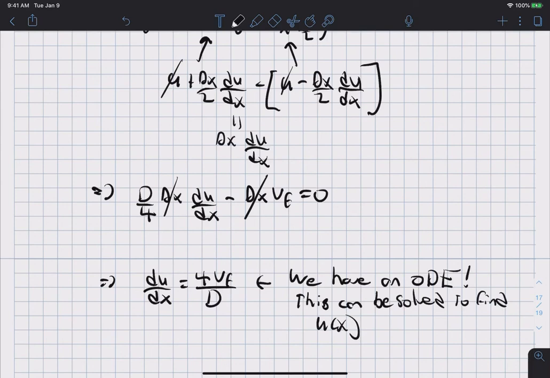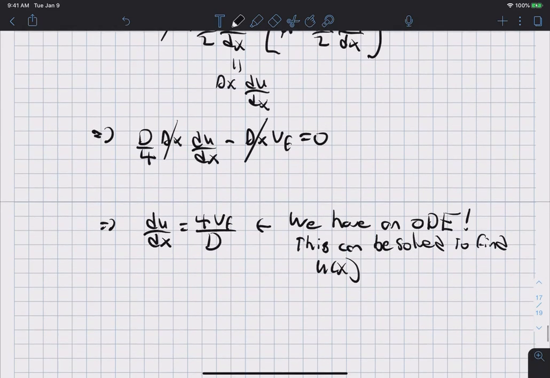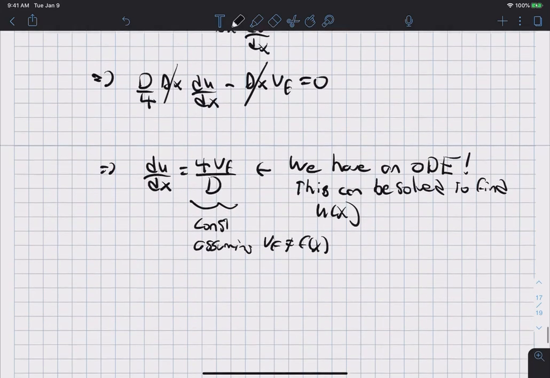Essentially this is a pretty straightforward one because this is just a constant. We're assuming that vf is not a function of x, and so this is a first order separable ODE.